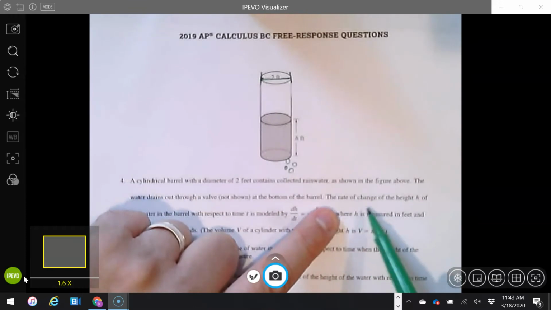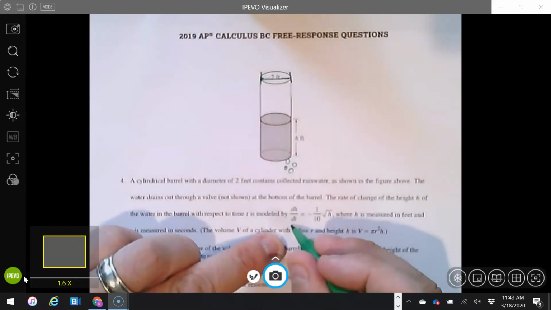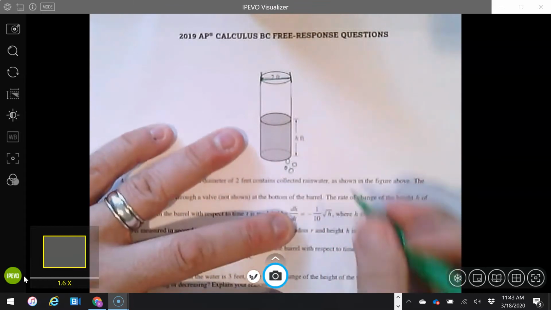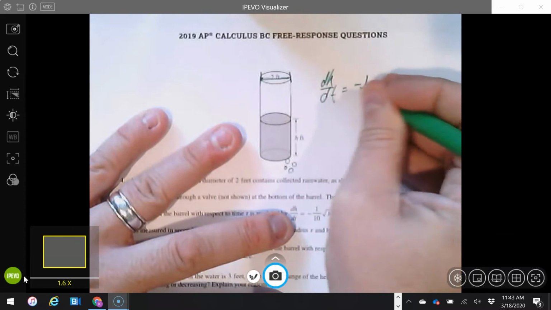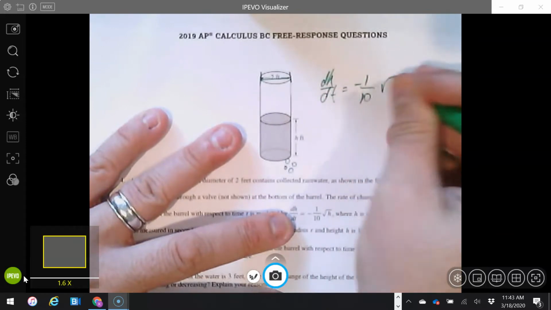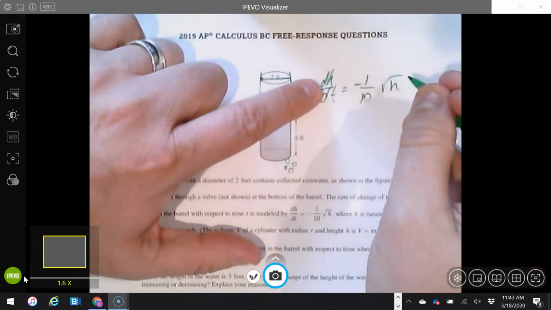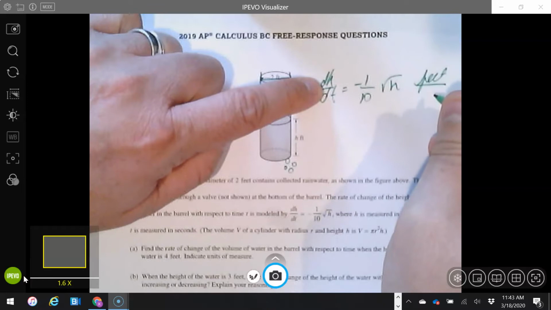The rate of change of the height of the water in the barrel with respect to time t is modeled by this relationship: dh/dt equals -1/10 times the square root of h. Height is measured in feet, so the units here are going to be feet.